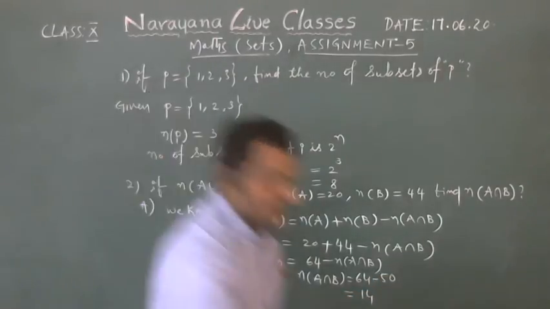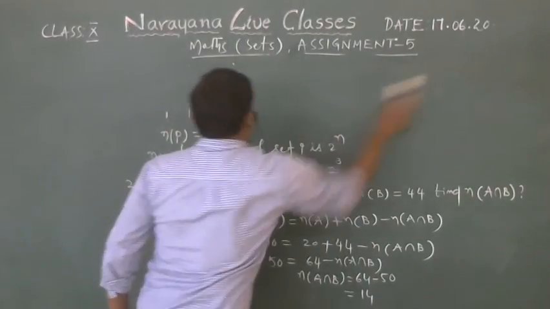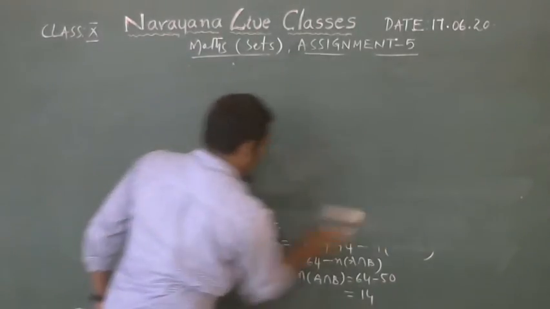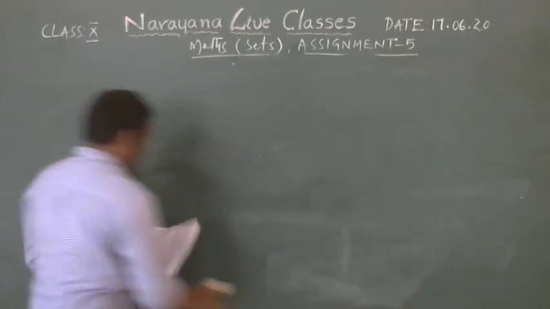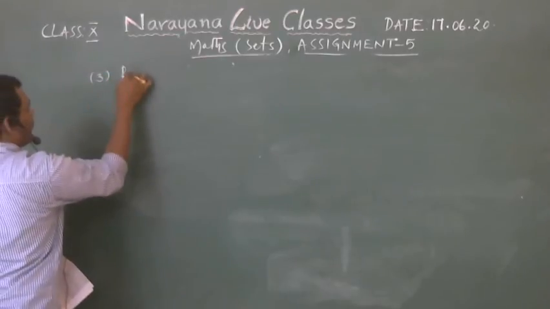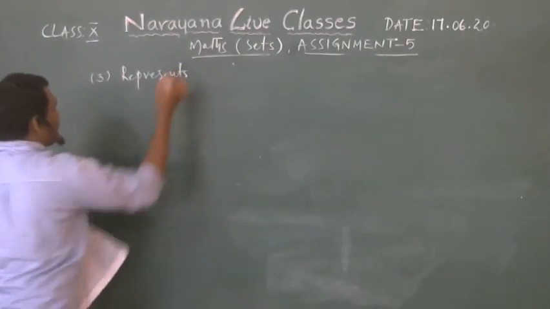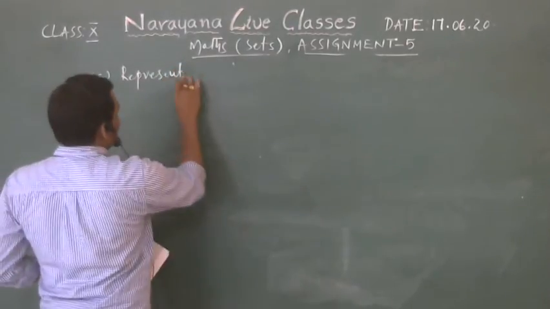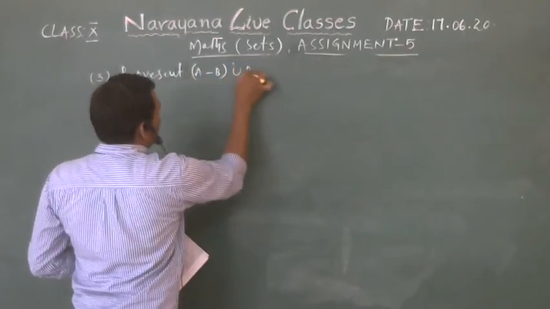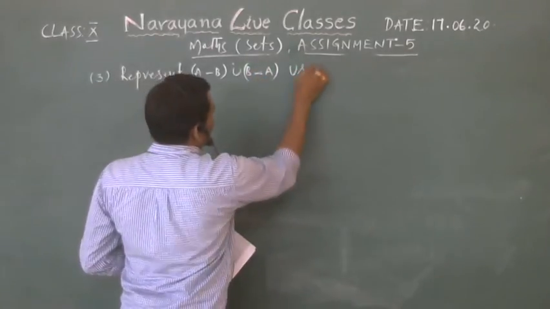So next question, third one. Represent A minus B union B minus A using a Venn diagram.